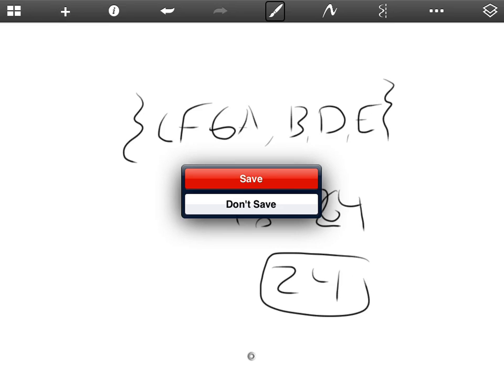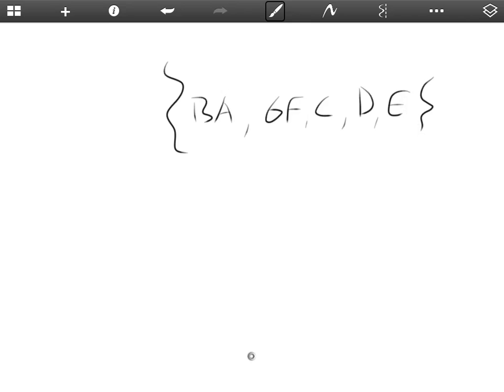Let's do part C, the strings BA and GF. So now we have BA, GF, C, D, and E. Once again we have 5 elements, and we want to permute them.